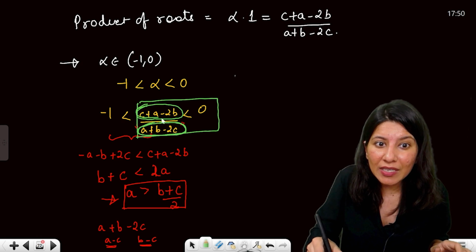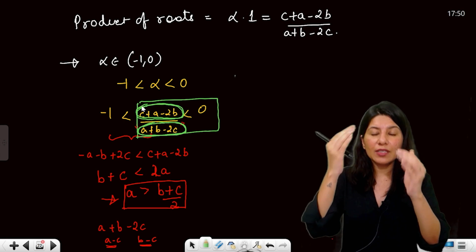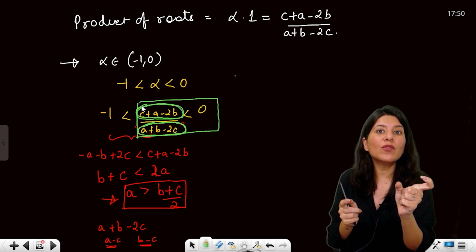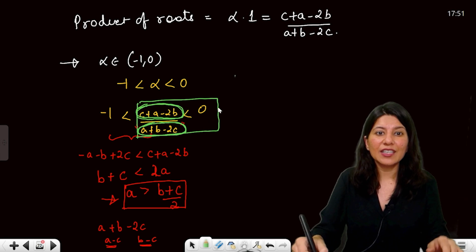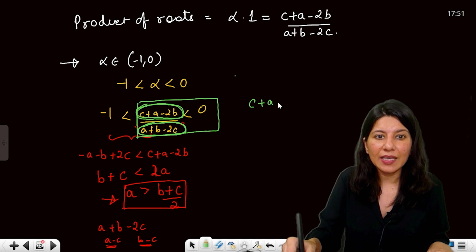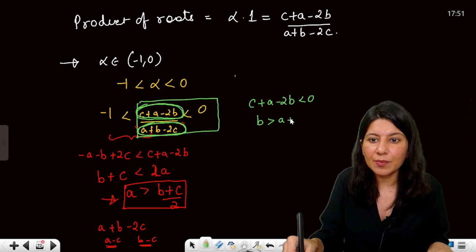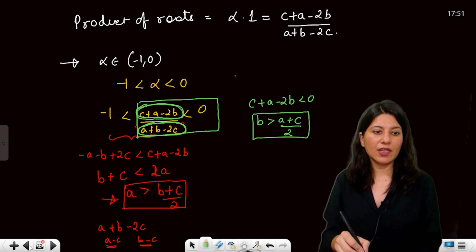If the overall fraction is negative and the one below is positive, then the upper one has to be negative. So that means C plus A minus 2B is less than 0. So B is greater than A plus C by 2. So these two things we have obtained.